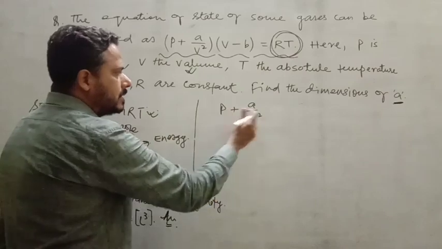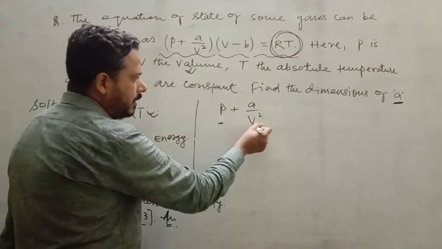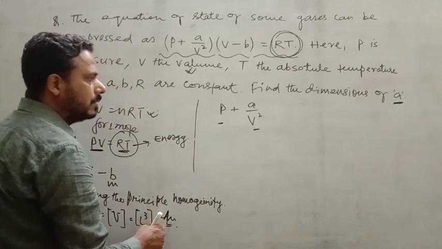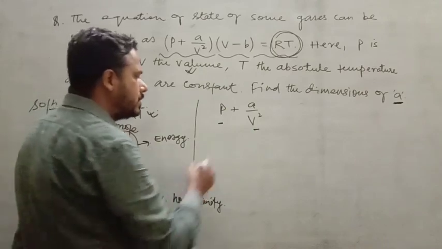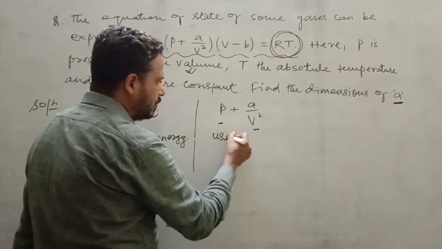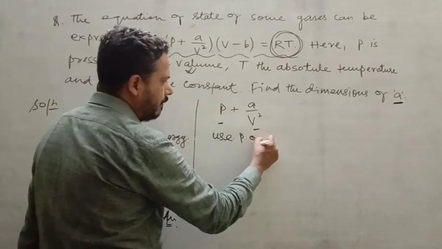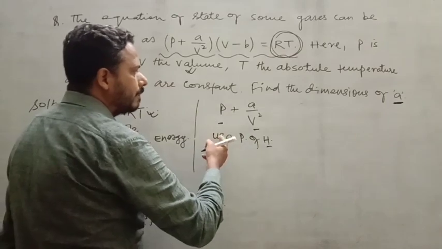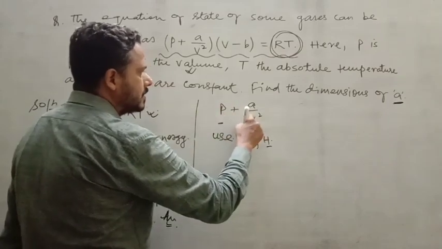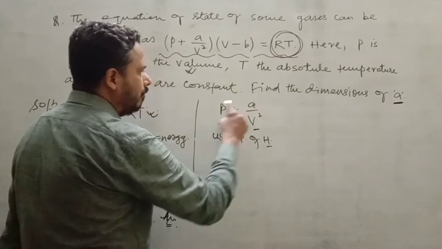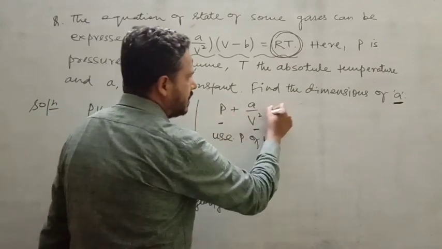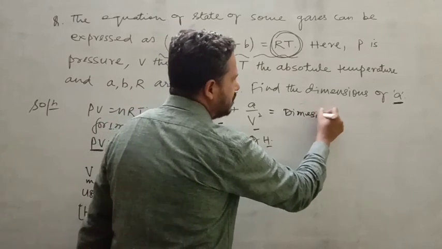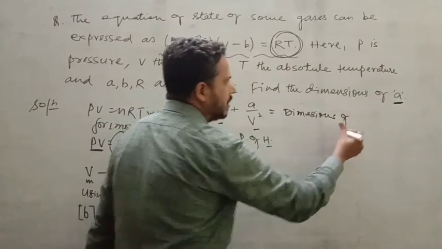Again you have to use the principle of homogeneity. So A by V square has the same dimension as pressure.